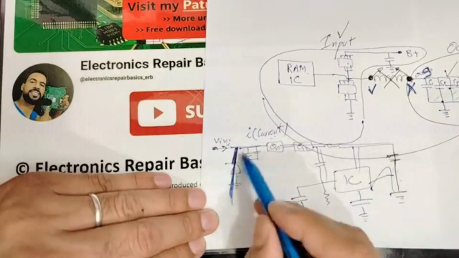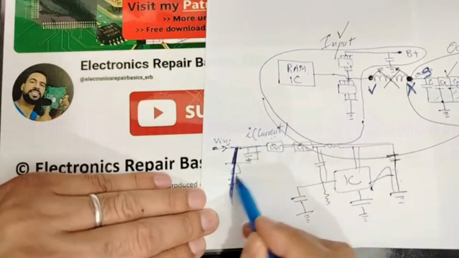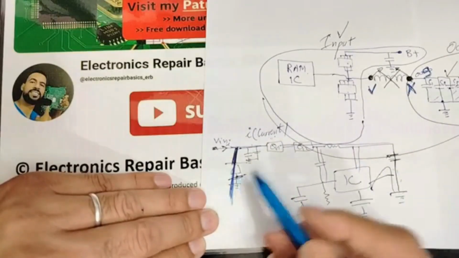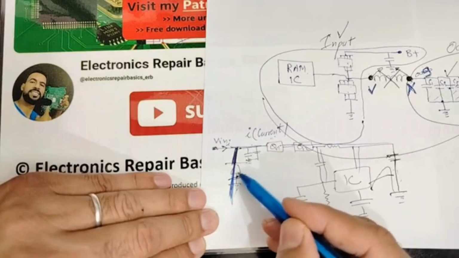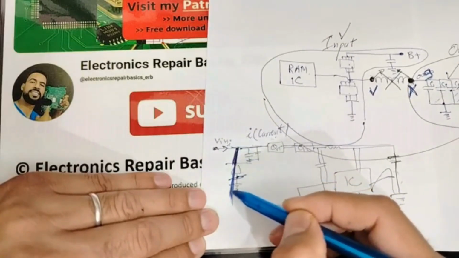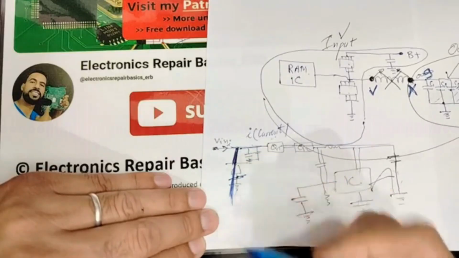Here it is very huge, which means this one will be burned out and will be very hot, because the current goes into the low resistive path.